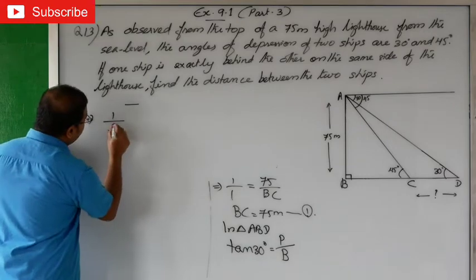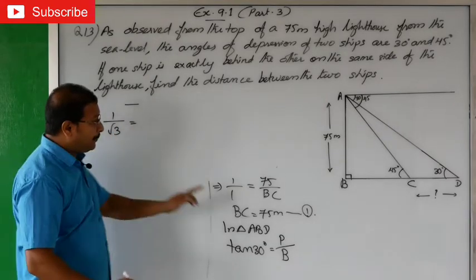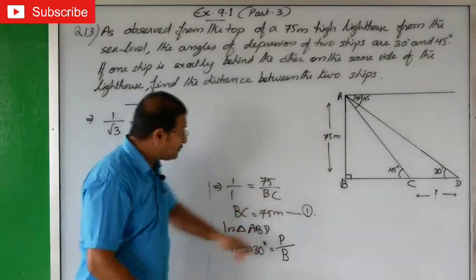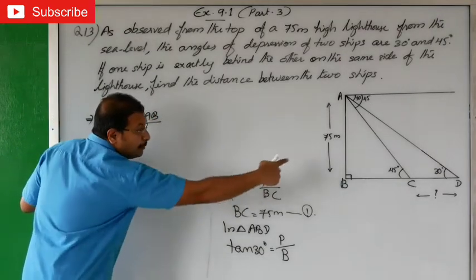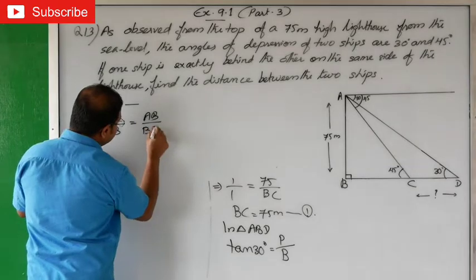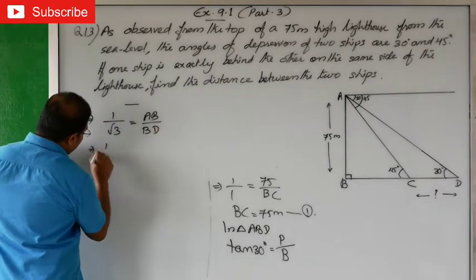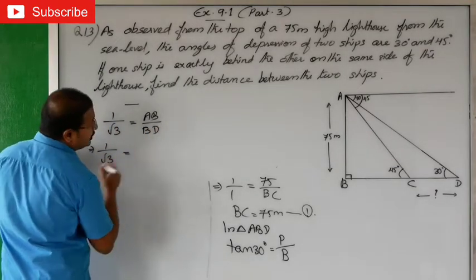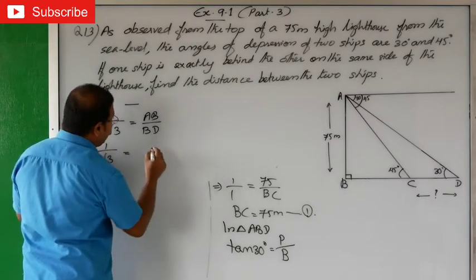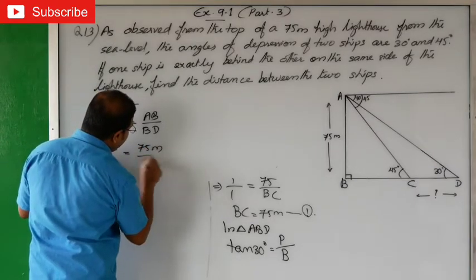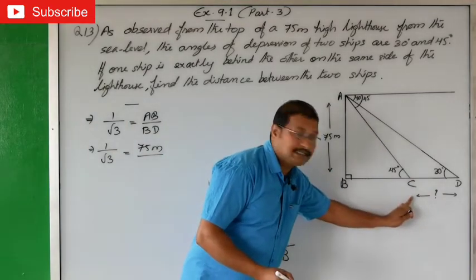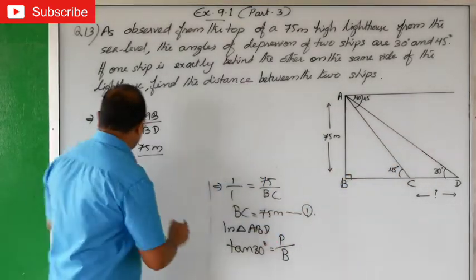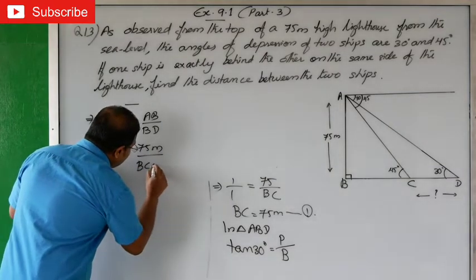That means 1 by root 3 equals perpendicular, that is AB by base BD. Implies 1 by root 3 equals AB means 75 meter divided by BD. What can you write for BD? BC plus CD. Ready? That means we will write here BC plus CD.